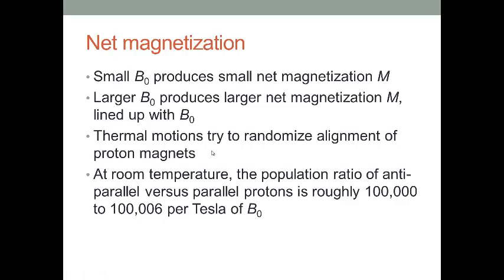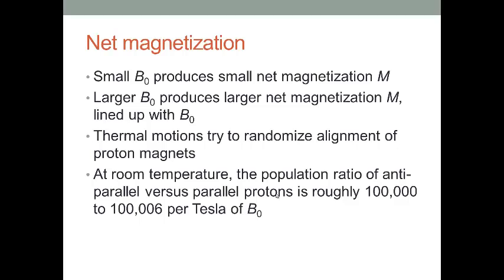They are against each other. So some go the direction of B0, some go against the direction of B0. That means some are antiparallel, some are parallel. The two types of protons: some are antiparallel with B0, some are parallel to B0.